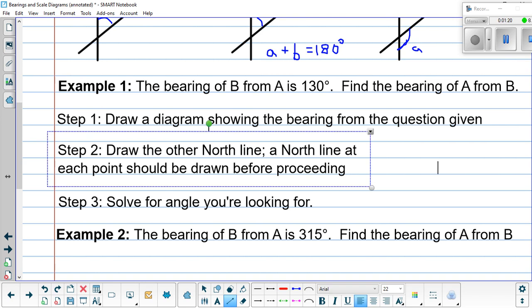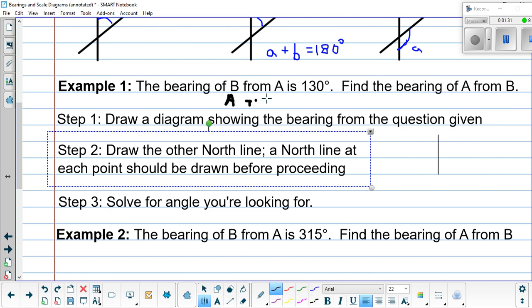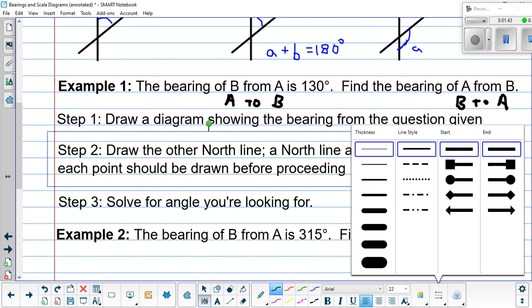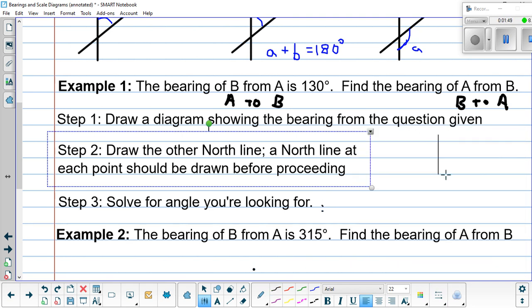So here I'm drawing up a line, and I know here I'm going A to B. Okay, on the way back I'm going B to A. So that means right away I can tell you that this first little thing I've written is A right here.